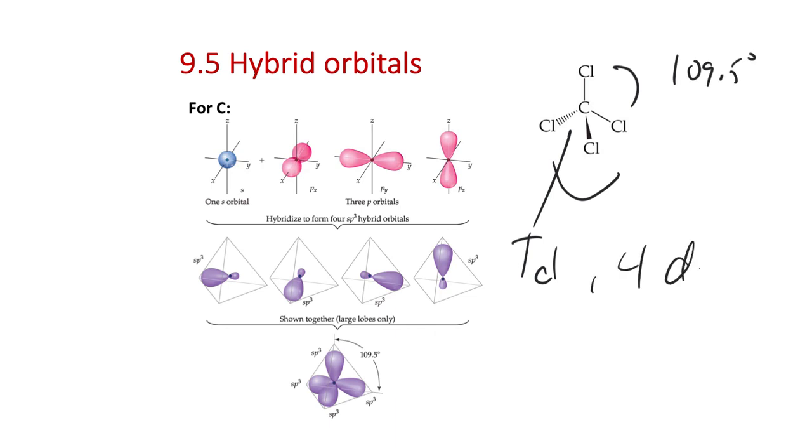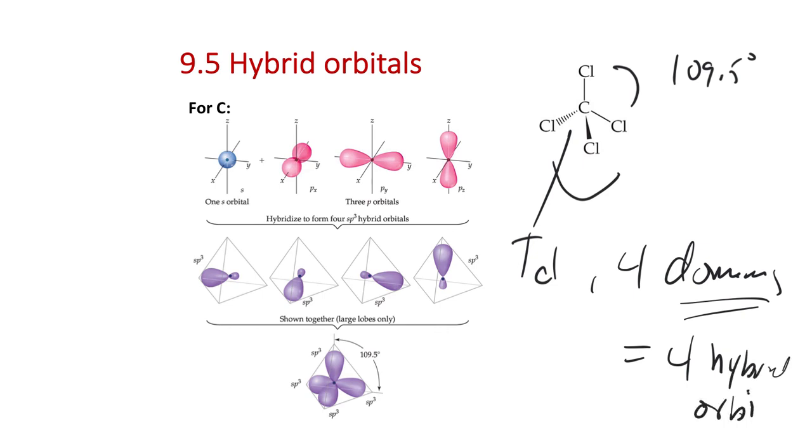We have 4 domains. Having 4 domains means I need 4 orbitals. So if I need 4 hybrid orbitals, how many atomic orbitals do I need to start with? So if I start with 4 atomic orbitals, those can hybridize into 4 hybrid orbitals.